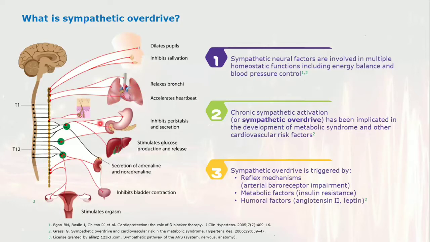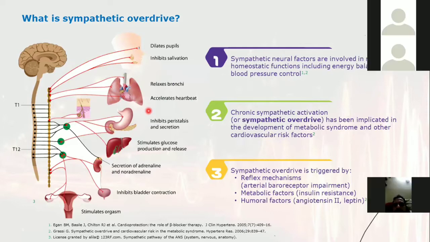Then there is an effect upon the GI system, where there's an inhibition of peristalsis, so that energy is conserved, and the energy which is needed to cope with the stressful condition is carried where needed.